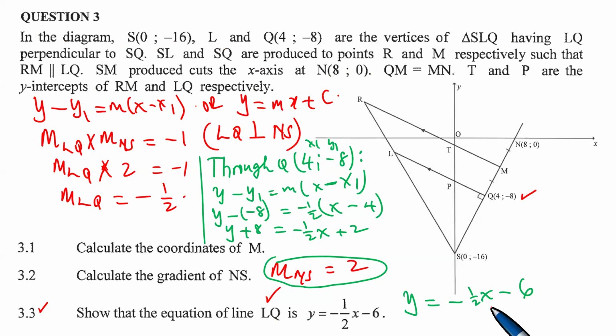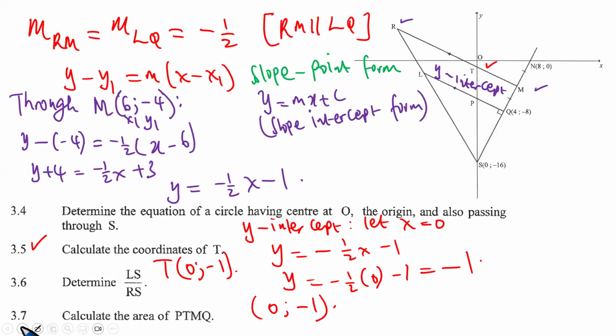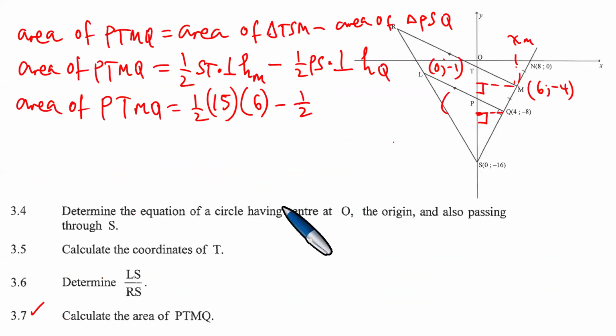If you make x 0, y is -6, giving y equal to -6 at the point P. So this is 0, -6. So PS is going to be the distance between -6 and -16, which is 10.